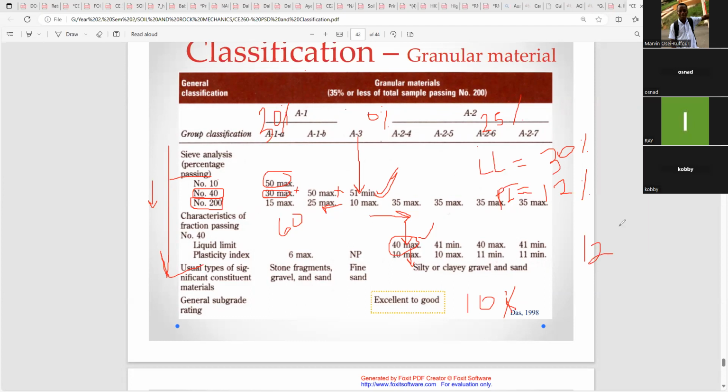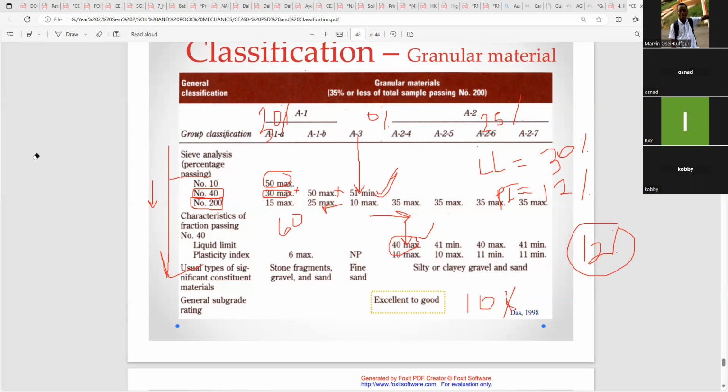And I'm asking whether it passes or it doesn't pass. Ah, okay. You mean whether it's okay? No, it doesn't pass. The reason being that the 12% is more than the limit that they've given us.